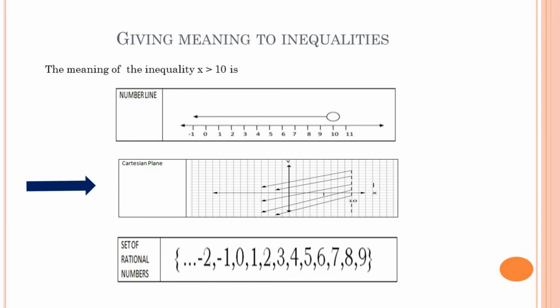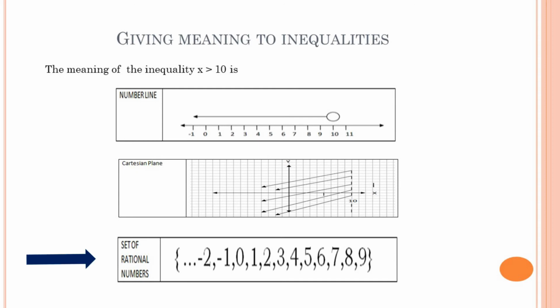If you were to represent it on the Cartesian plane, you'd notice I put x and there's a broken line across 10. That broken line has significance. What is the significance? It takes values up to 10 but not 10. 10 is not included. The shading shows that the values are less than 10.